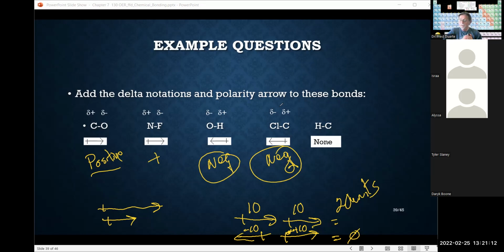See how that works? So you can have a molecule that has polar bonds just by virtue of the two atoms we're looking at being dissimilar. But because there's another one in the molecule going in the opposite direction, the overall net polarity is 0, resulting in a nonpolar species. I'll give you some examples of that in a minute.